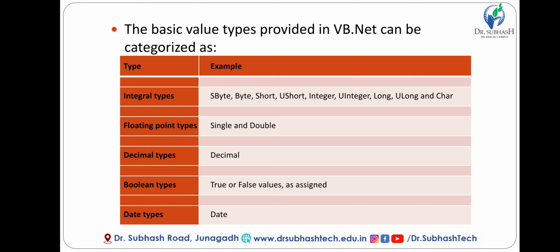If it is an integral type, it consists of byte, sbyte, short, ushort, integer, uinteger, long, ulong and char. If it is a floating point type, it consists of single and double. If it is a decimal type, its value is decimal. If it is a boolean type, its value is true or false as assigned. In date types, it consists of date. So these are the basic value types provided in VB.NET.